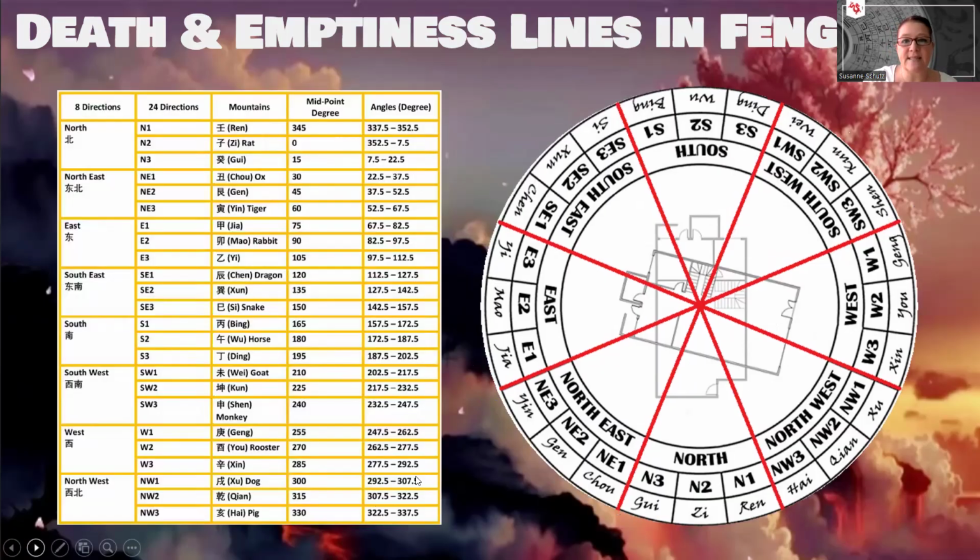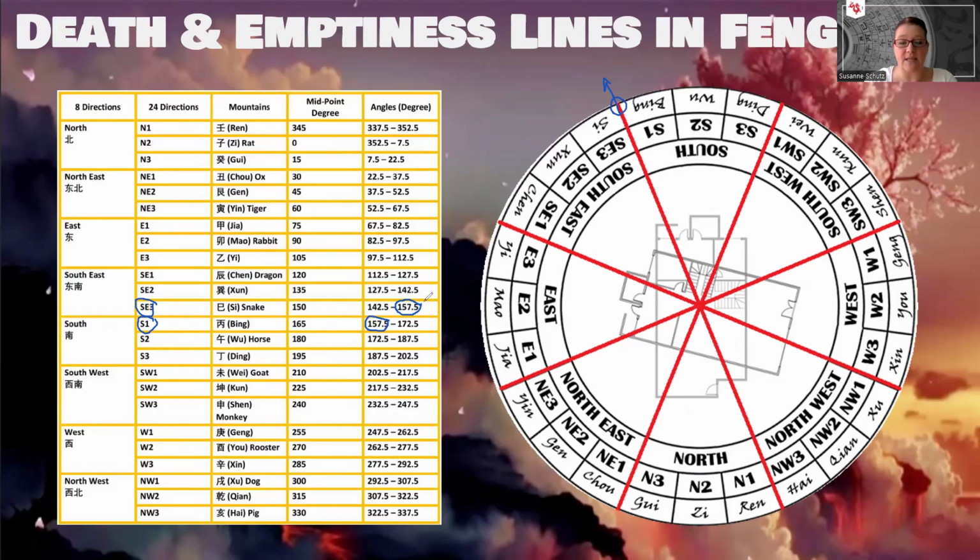Now, what are these points exactly? So let's have a look here. So let's say you measure out here, and it's just between South 1 and Southeast 3, right? So South 1 is here and Southeast 3 is here. So as you can see, they share this point, 157.5 degrees.